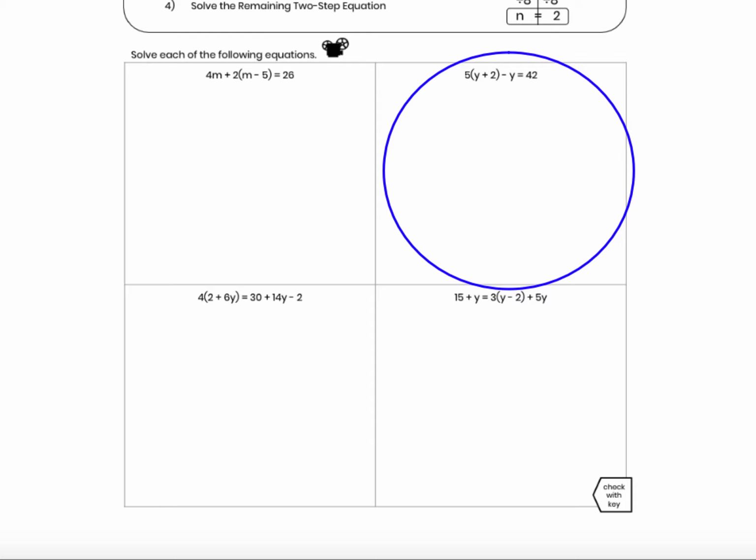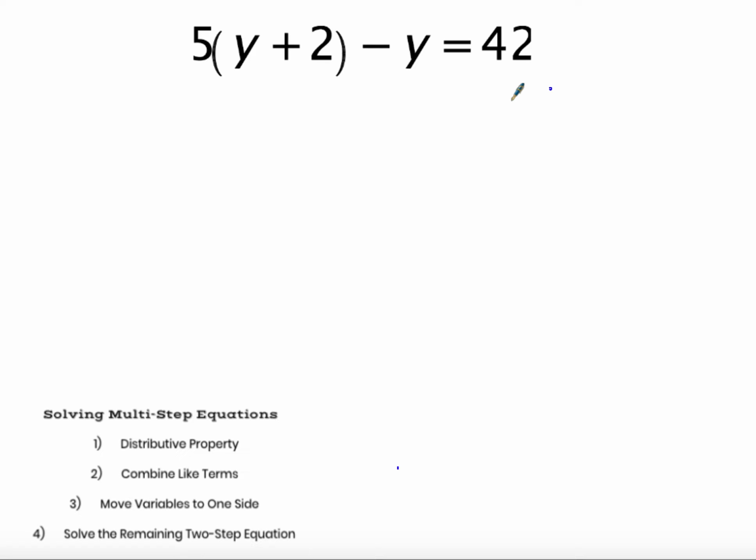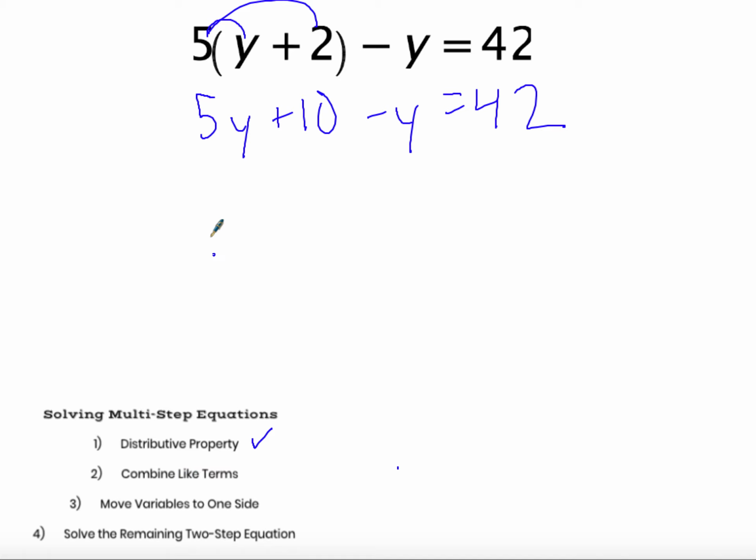Okay, next example. 5 times y plus 2 minus y equals 42. First step, are there parentheses? Yes. Distributive property. 5 times y plus 5 times 2 minus y equals 42. Check. Next, we are combining like terms, which we have here. 5y minus y leaves me with 4y plus 10 equals 42.